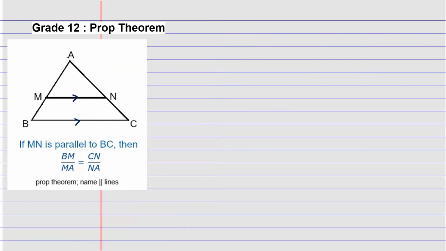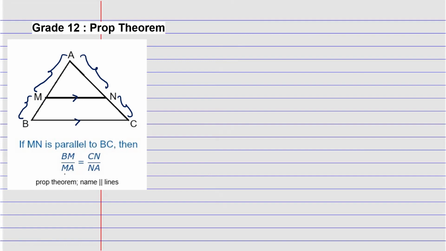You can conclude that the ratio between these two, divided by this one, is equal to this one divided by this one. So let's start with the one that is given here. We can conclude that BM divided by MA, which is the same thing, but they did it the inverse way, starting with BM in the denominator.